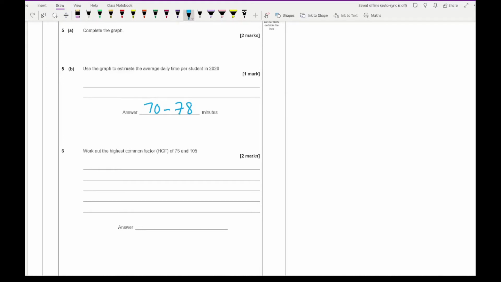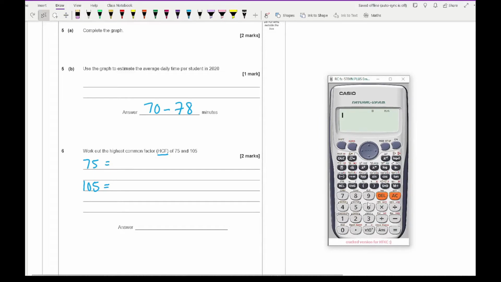Now the next question, question 6, says work out the highest common factor of 75 and 105. Highest common factor is the biggest number that goes into both of these. What you want to do is a factor tree, or write the numbers as products of their primes. If you've got a calculator, particularly a Casio one, enter the number 75, press equals, then press shift and then fact, and it should come up with the product of its primes.